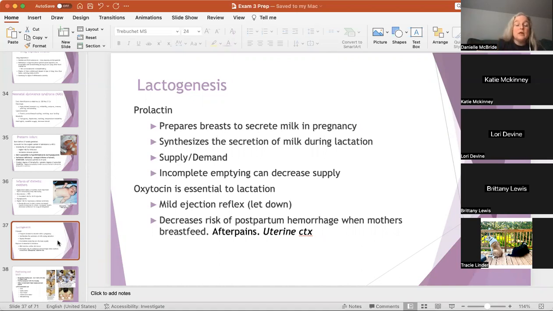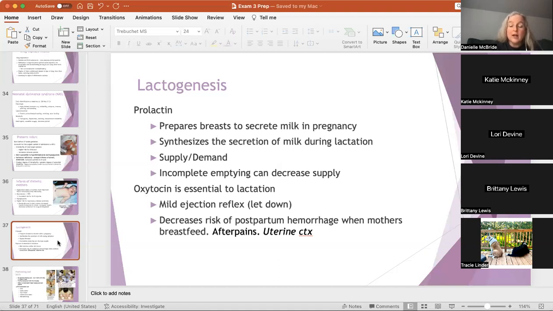Prolactin is going to help with the production of the milk. Oxytocin is going to help with the letdown of the milk. So it makes a loop: we fill the breast and we empty the breast, and we fill the breast and we empty the breast. Oxytocin though does other things in the mom's body as well. Do you remember what? The contractions.